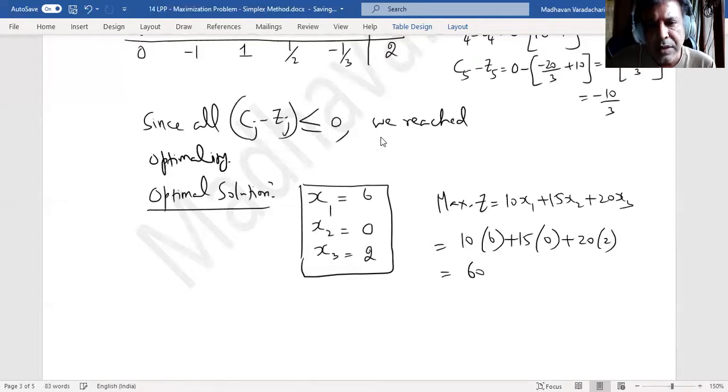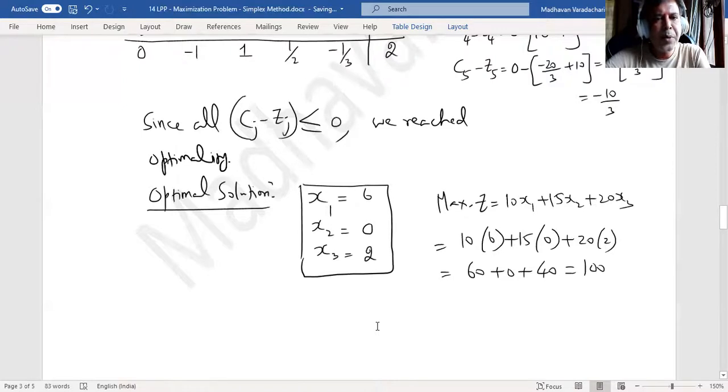So this becomes 60 plus 0 plus 40, which is 100. So our x1, x2, x3 values are 6, 0, and 2, and the maximum z value is 100. That is the solution for this particular linear programming problem.